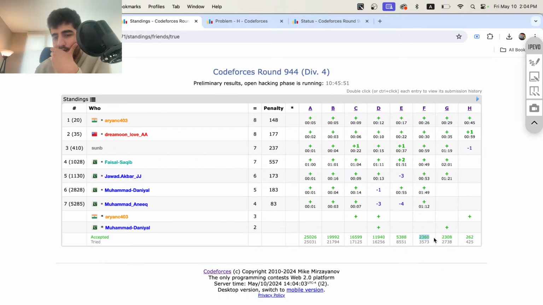This one is 2360, this one is 2308. Maybe if their positions were swapped, this one would have more accepts. When they are this similar, it can mean that this one was easier, because people naturally try to solve the first one first.